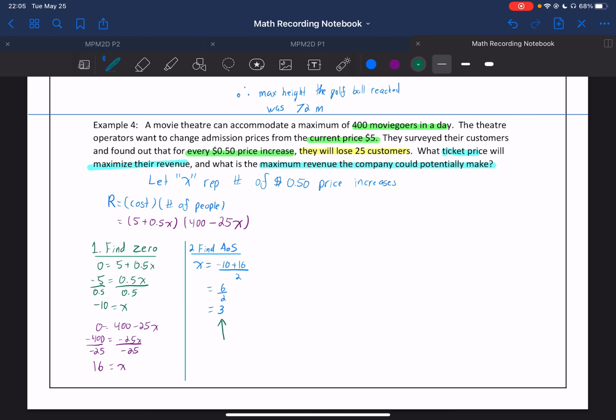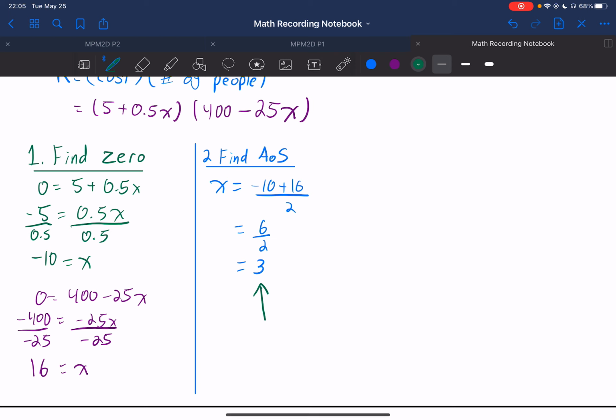Our AOS is going to tell us what the ticket price will be at its maximum revenue. Remember, the cost of the ticket price is 5 plus 0.5 times the number of increases in ticket price. There's 3 increases of our ticket price.